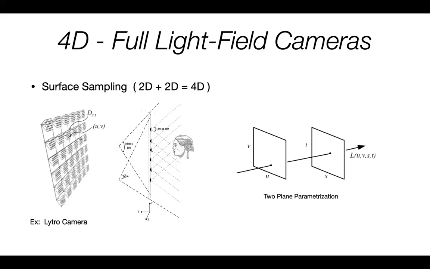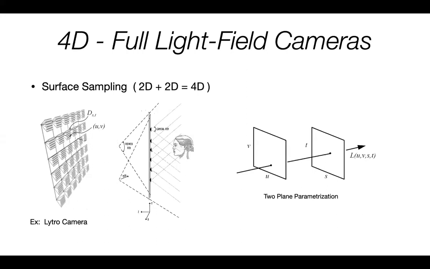And so then you have a sampling based on a 2D domain, and the rays are also 2D. So you have a full light field because it's 2D plus 2D. And one example of this is the Lytro camera. So the Lytro camera basically is an array of cameras, right? And some of this work was developed at Stanford. We are going to see this further in the lecture.